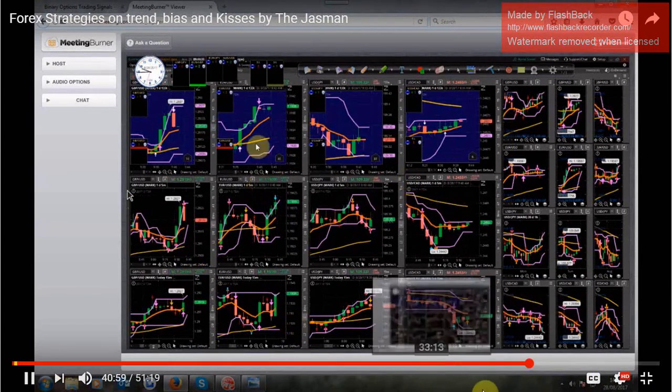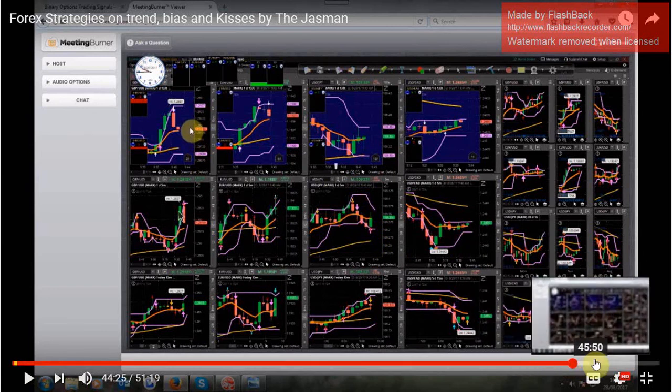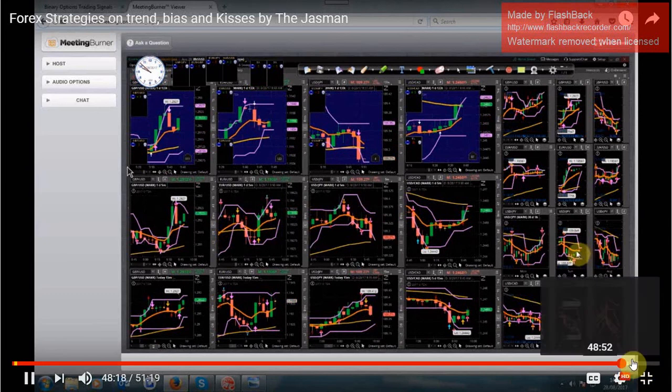And here's the end result, guys. The GU one being an ATM trend trader, the EU one being an ATM trader, the UJ one being a trend trader, and then the reversals being a blue trader, the reversal, blues and yellows, we won too.